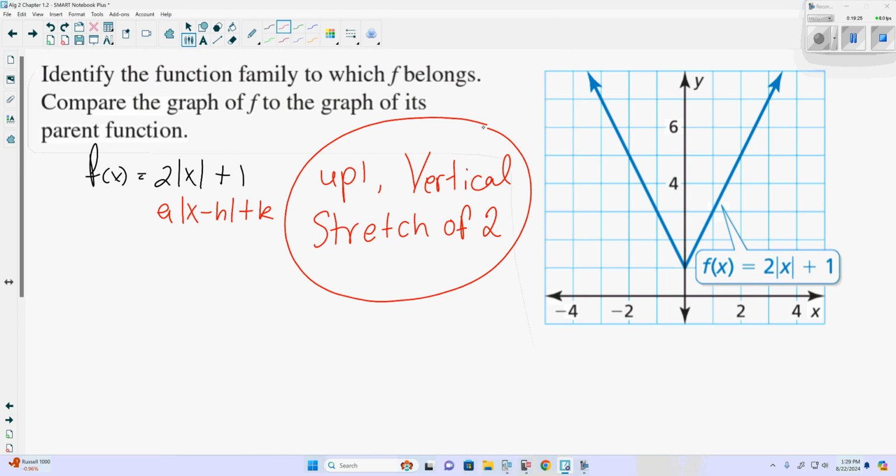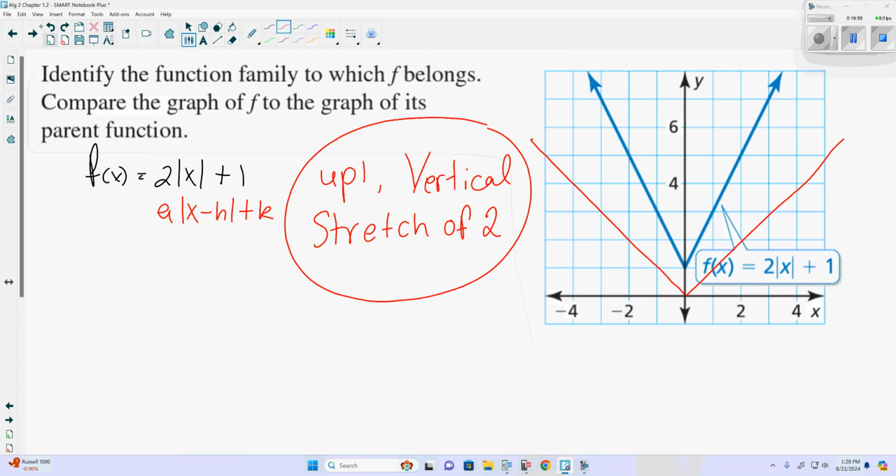Vertical stretch of 2. So it's up 1 and has a vertical stretch of 2. Because the original parent function would be this here. So what we did is we moved the whole thing up 1 and then increased it faster by a scale of 2. That's it. We ready for the next one?